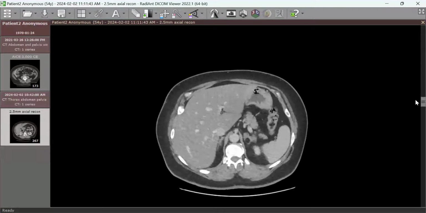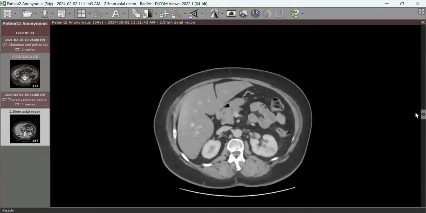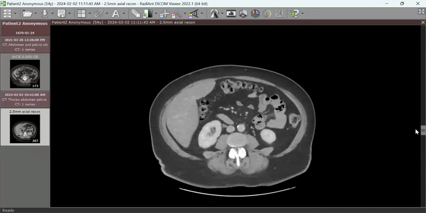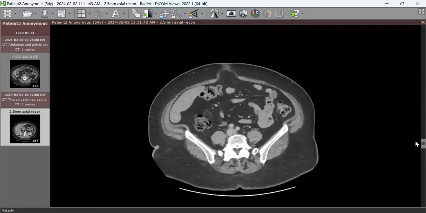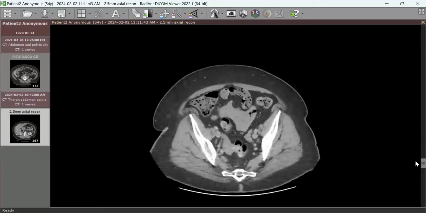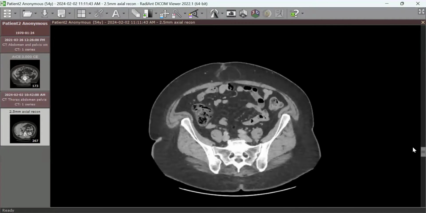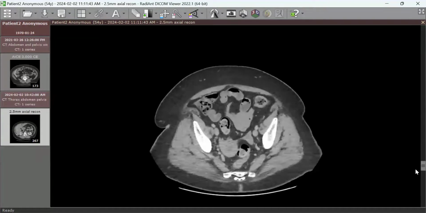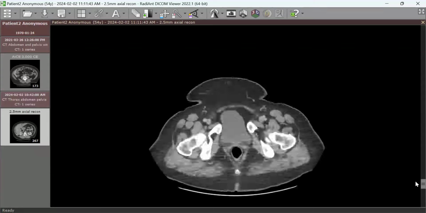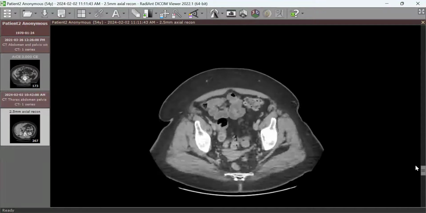Okay. Be guided by the complaint. She has periumbilical lumps. She feels some masses or lumps. So we start from there and see what we can find in the CT.